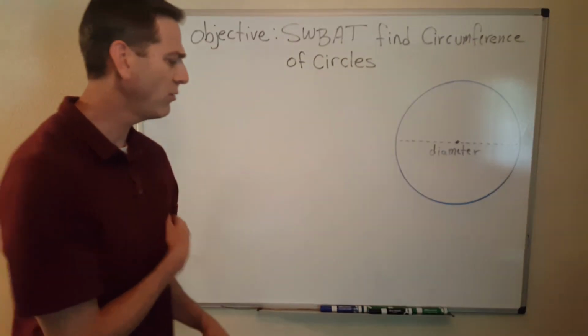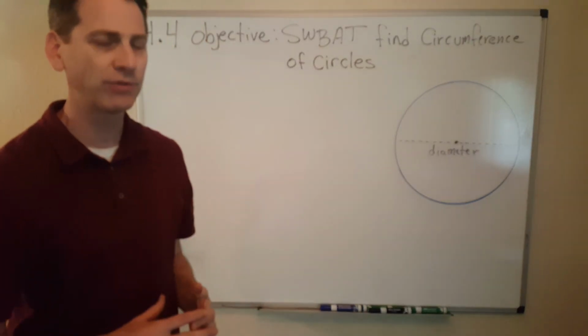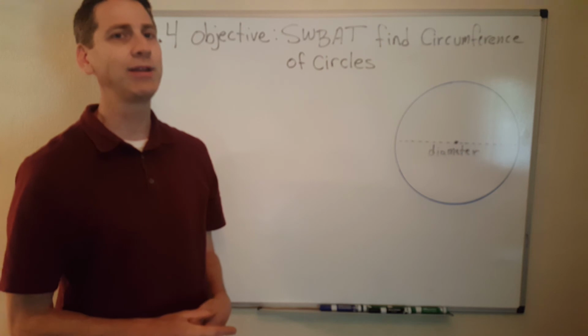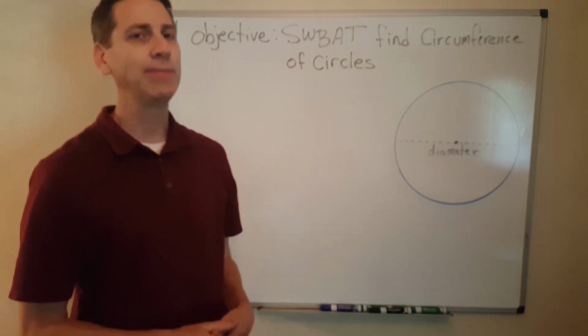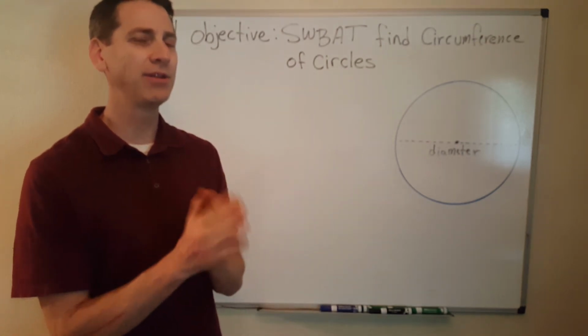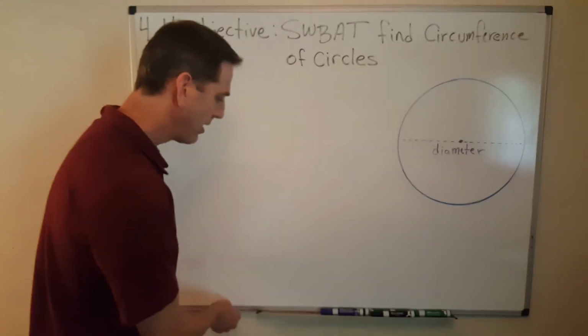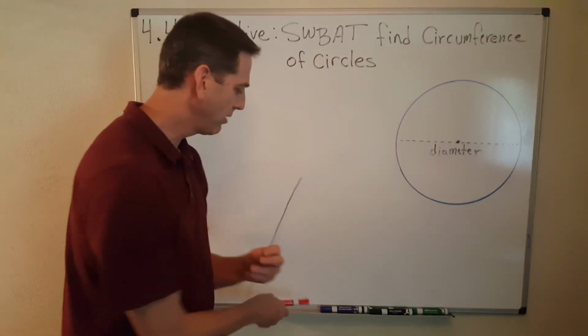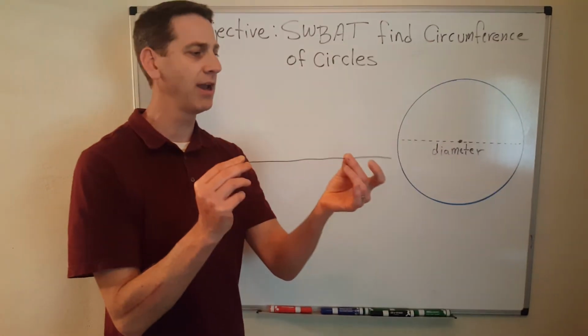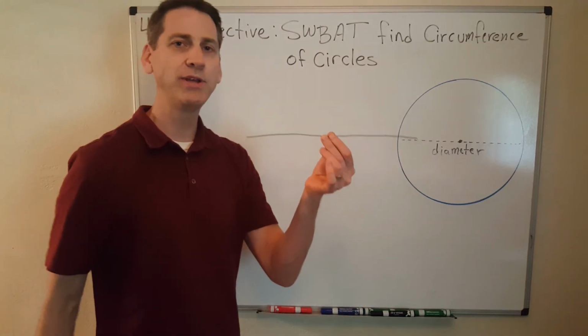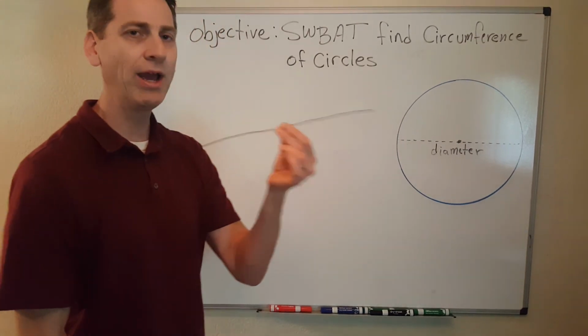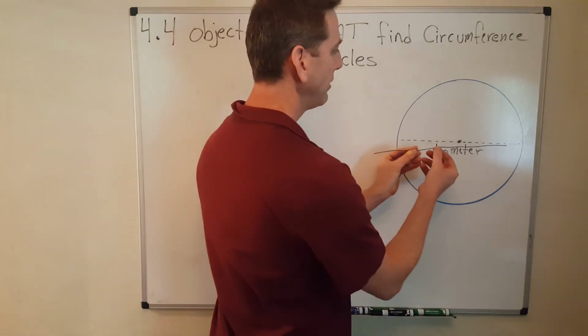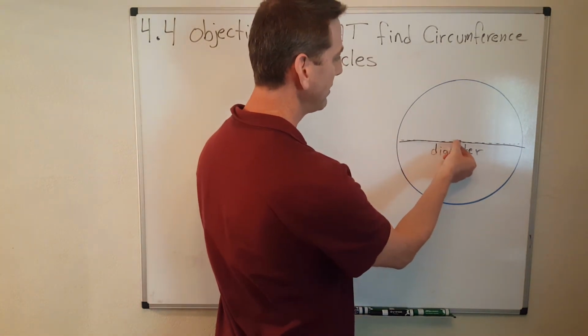So before I give you the formulas for circumference, I want to give you an interesting piece to this formula. To do this, I have a little bit of a demonstration. I don't know if you can see this on the camera, but I have a little piece of baling wire. And what I did is I measured it to be pretty much the exact distance of the diameter.